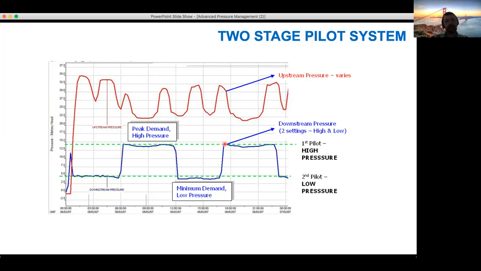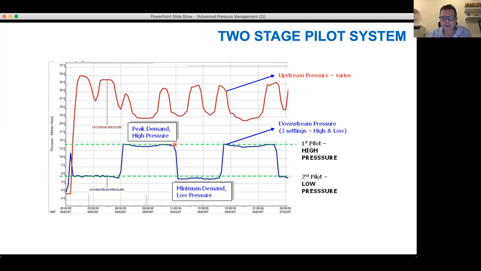You can see, for instance, here they have low pressure at night. Then at 6 o'clock in the morning, it moves up to high pressure.